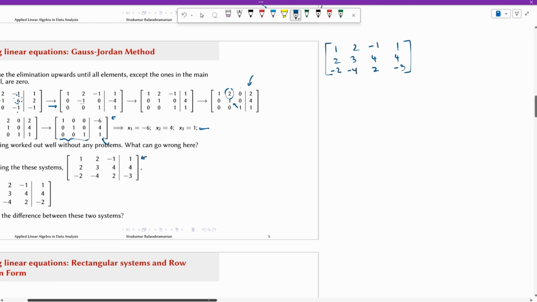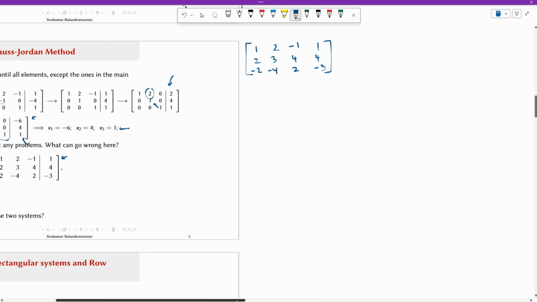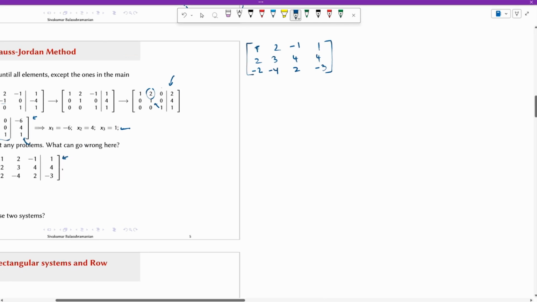What is the first thing you do? Well, you take the first pivot. That's this 1. Non-zero pivot. Now our next step is try and make everything below that pivot 0. Convert the 2 to 0, convert the -2 to 0.